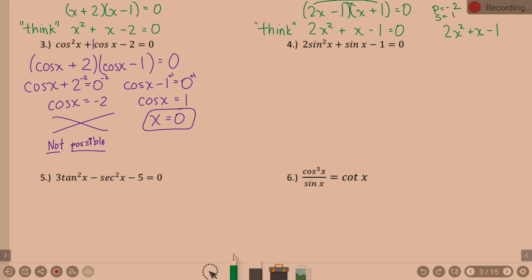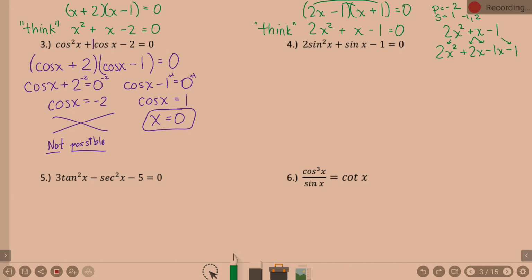What multiplies to be -2 and adds to be 1? Positive 2, -1. So 2x squared, split your middle term. I'm going to split it into plus 2x minus 1x. I'm going to carry my -1 down. So carry your first and last terms down, split the middle term.